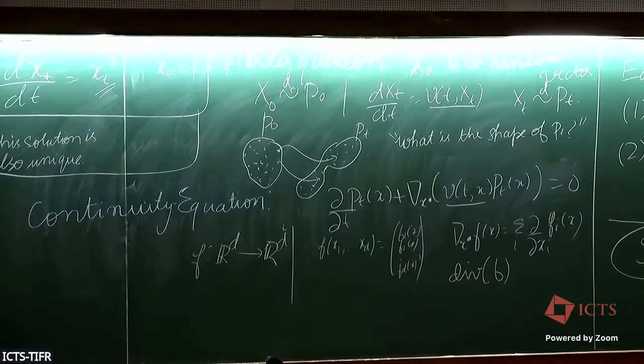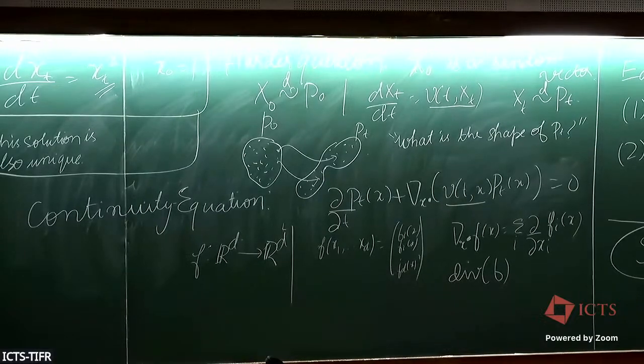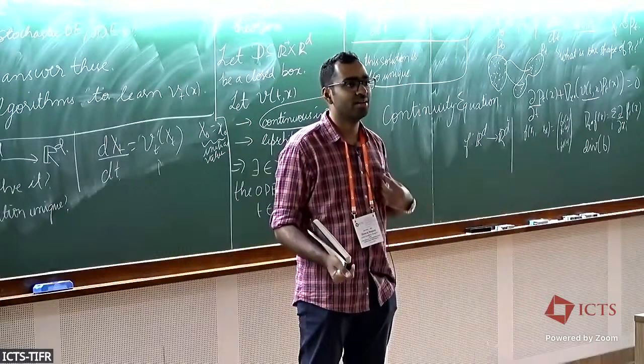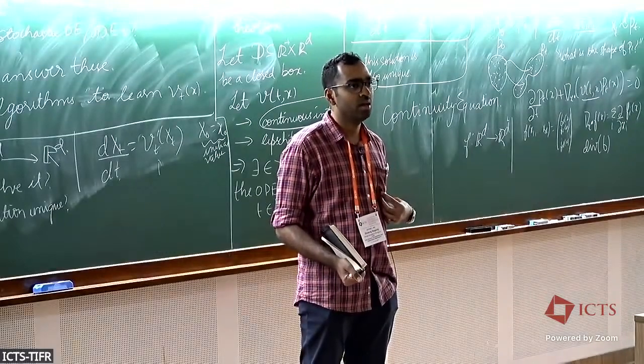Correct. Right. Because at P0 we are given a Gaussian, and at P1 we are given a different density. So when is my chosen velocity field correct? When P1 is my image distribution, right? I'm not enforcing that yet.